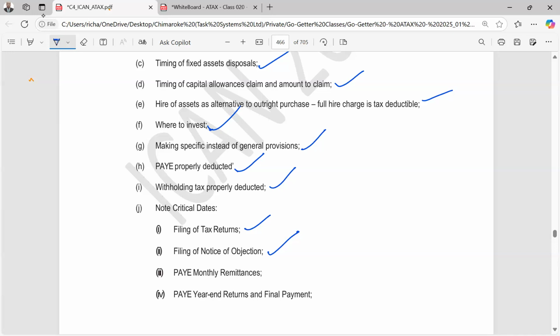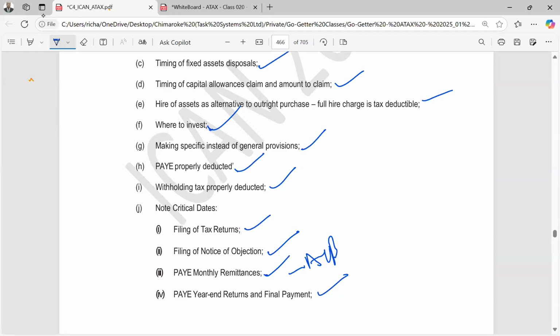Then pay monthly remittances. What are the dates to pay your remittances? Pay end of year returns and final payments. What it means here is that January, February, March, because PAYE is on actual year basis, that of January is paid in February, that of February is paid in March.